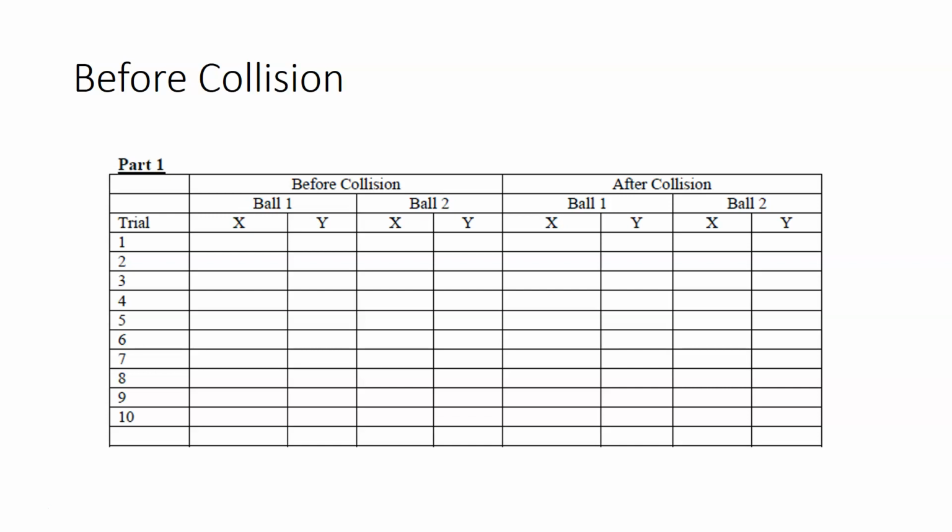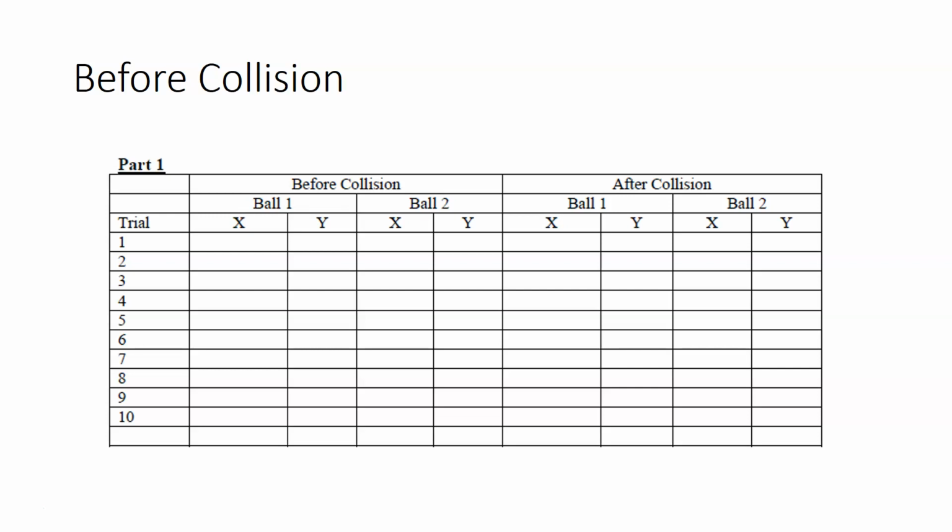The marble rolls off the ramp, flies through the air, and lands on the carbon paper. You're going to fill out where that marble lands, X and Y. From there, you find the next data table down where you fill out the velocities, the X and Y velocities.